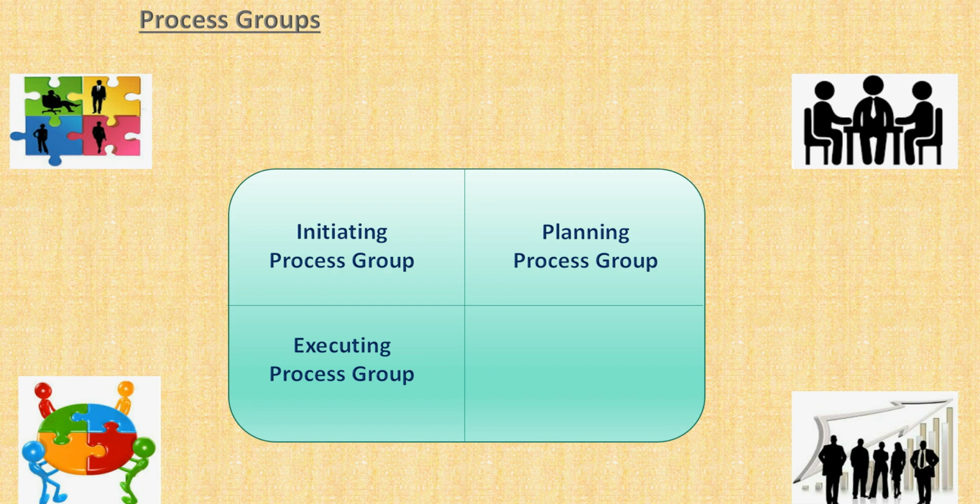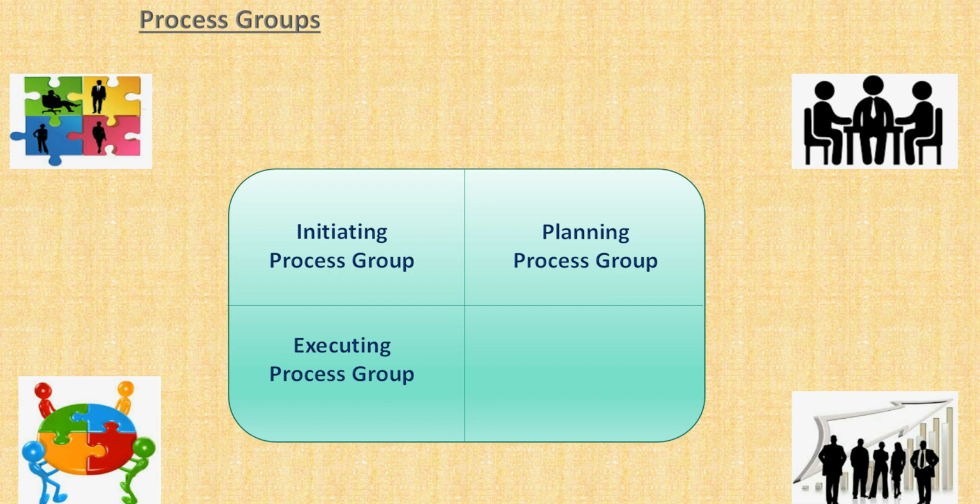Fine. For example, suppose you are a project manager and you have to acquire resources, right? At first you will plan how to acquire resources. That process will go to the planning process group. And once your planning is done, you will actually acquire the resources.